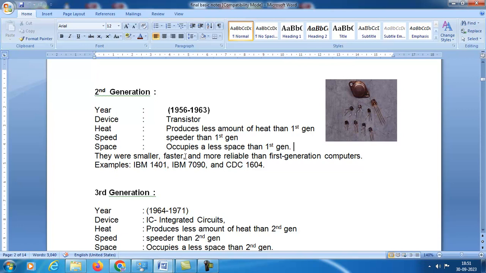They were smaller, faster, and more reliable. Examples are IBM 1401, IBM 7090, and CDC 1604.